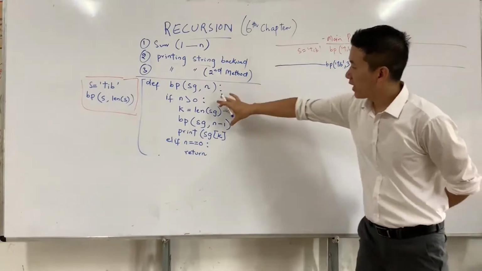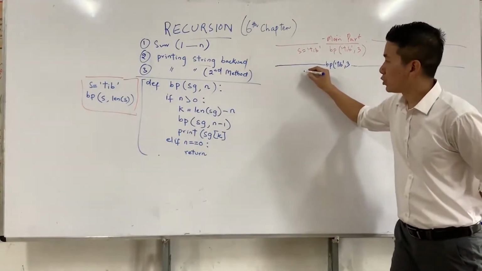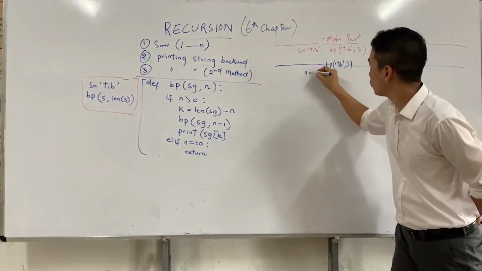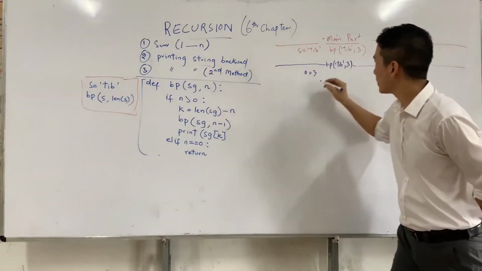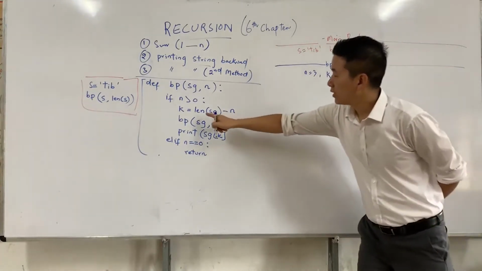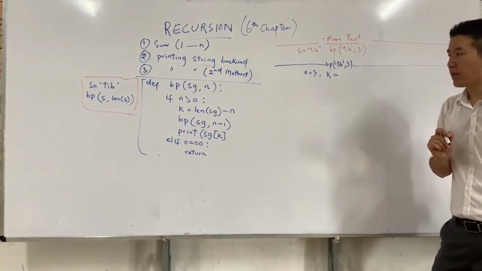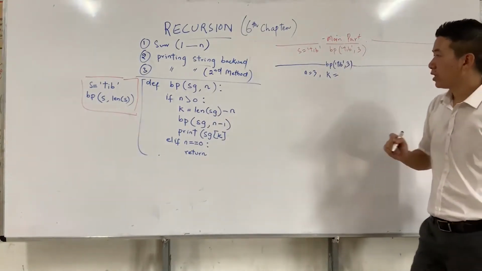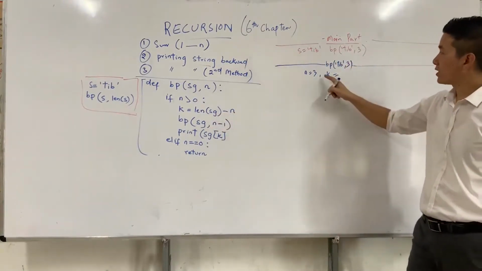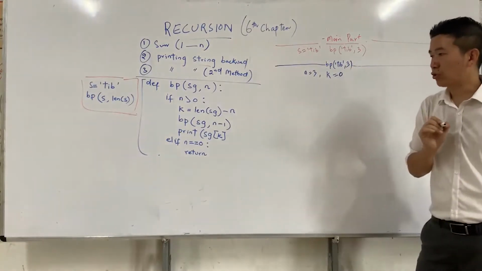Okay, so once I get in, the value of N being 3, the condition will become true, and the value of K will be the length of S. The length of S will always remain as 3. Alright? So 3 minus 3. The value of N is again 3. So 3 minus 3, the value of K will be 0.